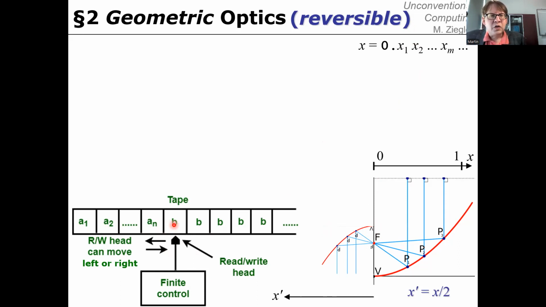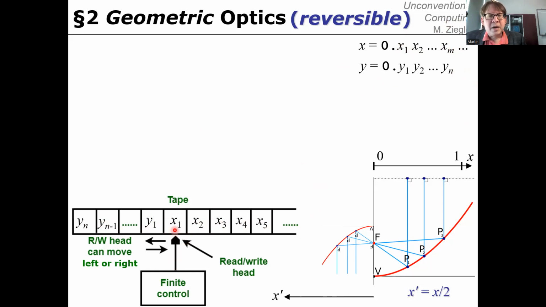X is going to contain the part under the finite control and all the tape cells right of it, possibly infinitely many, and the tape contents left of the current position, which are only finitely many bits, is encoded into another real number, y.